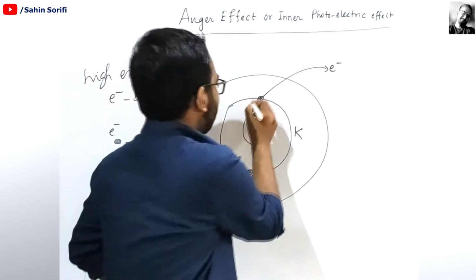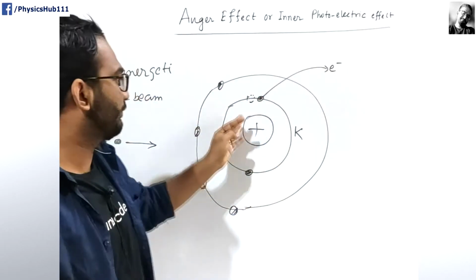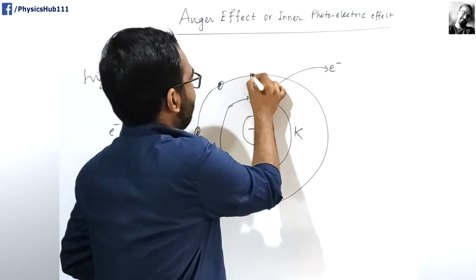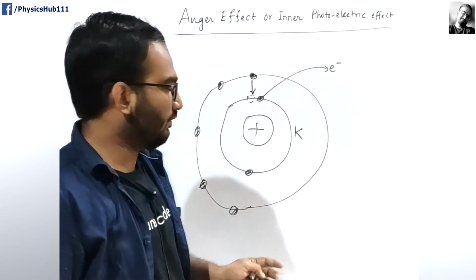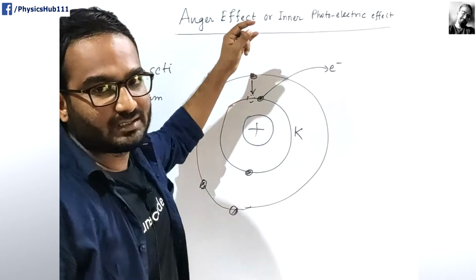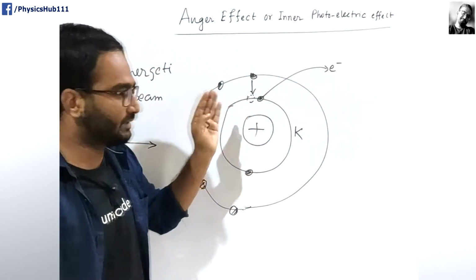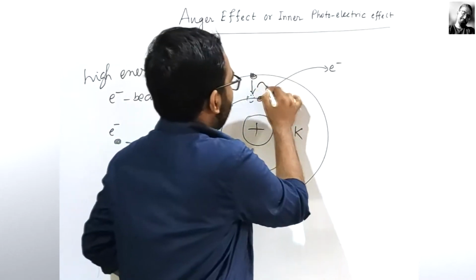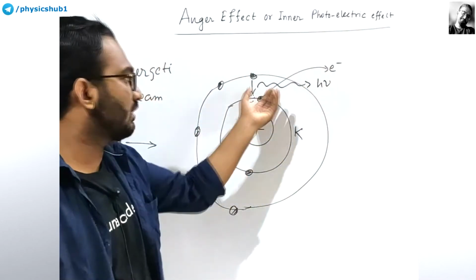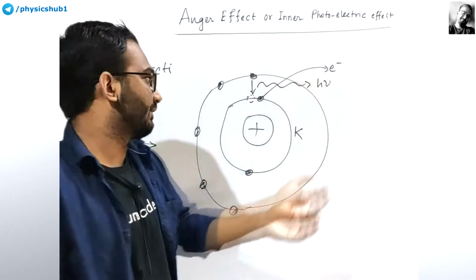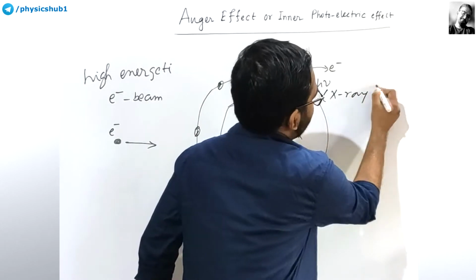It will create a vacancy in the K shell. To fill up the vacancy, one electron from the L shell will come down. As the electron transitions from a higher energy state to a lower energy state, the energy will be emitted in the form of a photon, and this was the origin of X-ray. So this photon comes out as an X-ray photon.